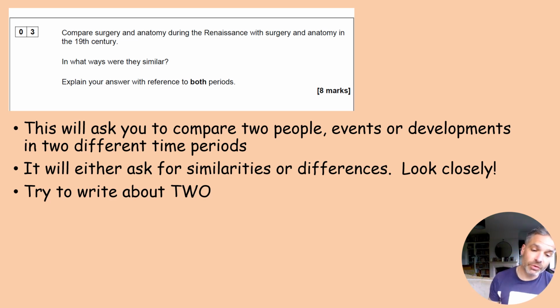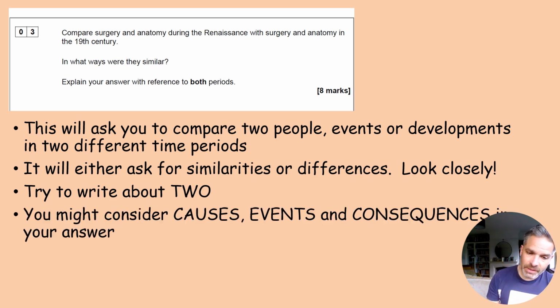Now, in the one example on the board there, it falls out relatively nicely because you can talk about surgery, similarities between 19th century and Renaissance, and you can talk about anatomy, dissection, for example, being used in both the 19th century and the Renaissance as a means for students to understand more about the human body.